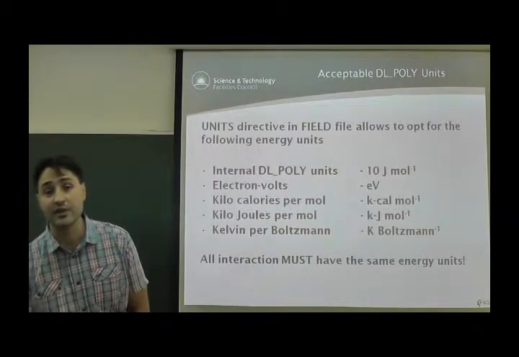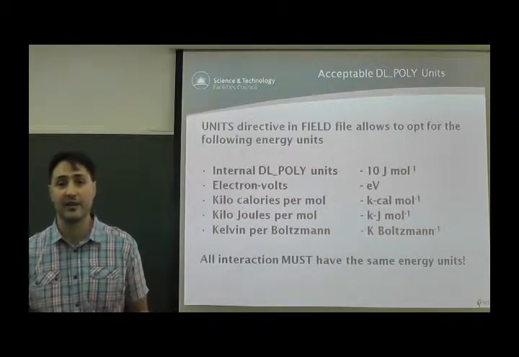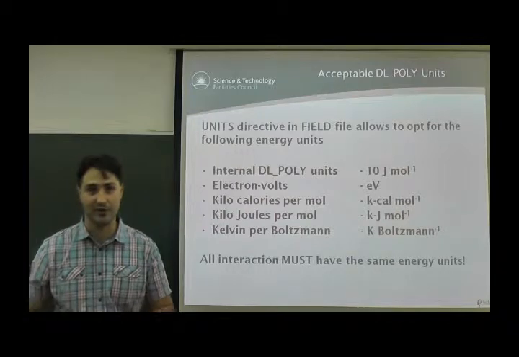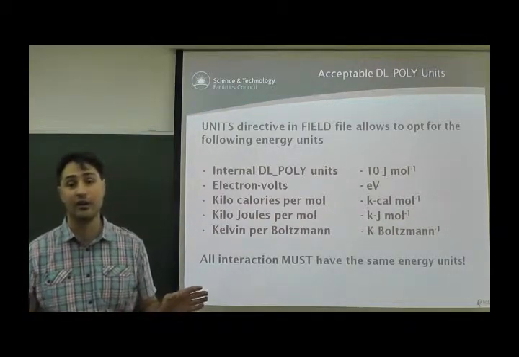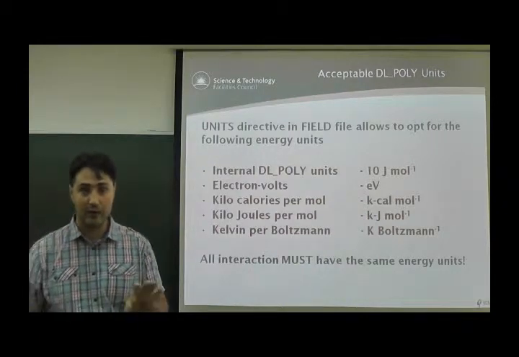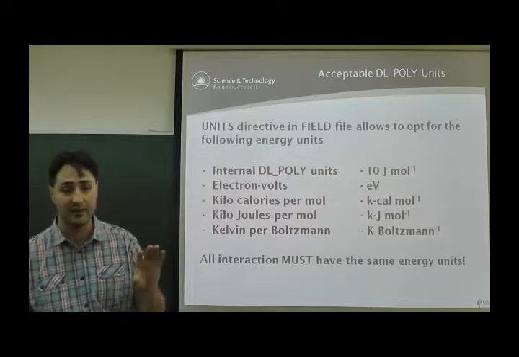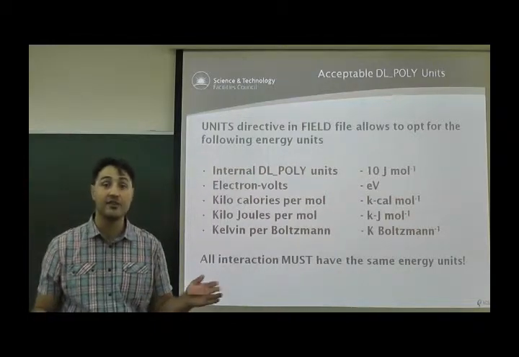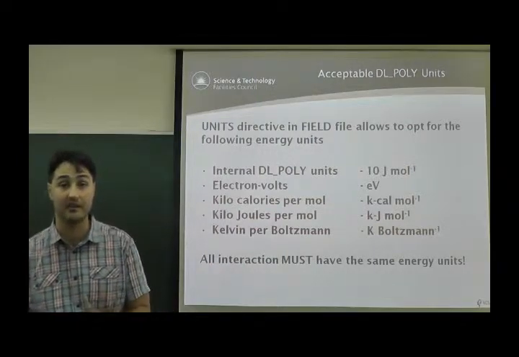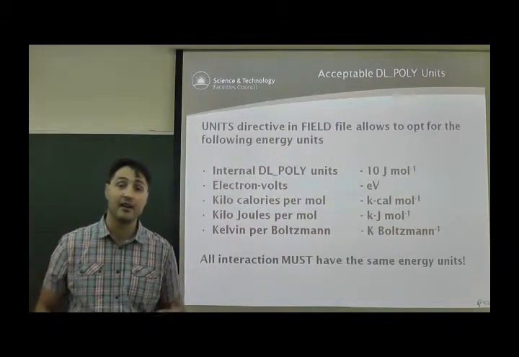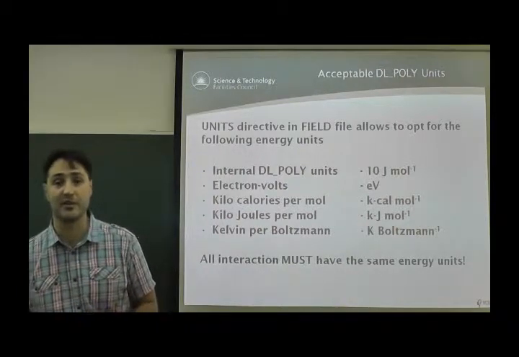In DL_POLY, users have the freedom to define their potentials or potential-bearing parameters, because potentials usually are represented by an analytical form or tabulated in a file. However, these numbers do mean something, and especially in the potential forms, they're energy-bearing parameters, and the users have to opt at the very beginning of the FIELD file to specify what the energy unit of those parameters is.